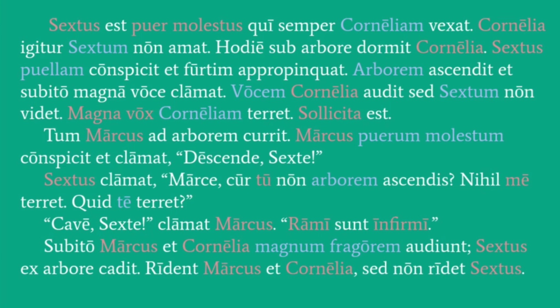So they laugh. But Sextus, right, and again, the conjunction sed is giving you a separate clause or a separate thought in your sentence. So we have a new subject and a new verb, right? Sextus is my subject, non ridet, he doesn't laugh. So when you put it all together, that last line is saying Marcus and Cornelia laugh, but Sextus doesn't laugh.